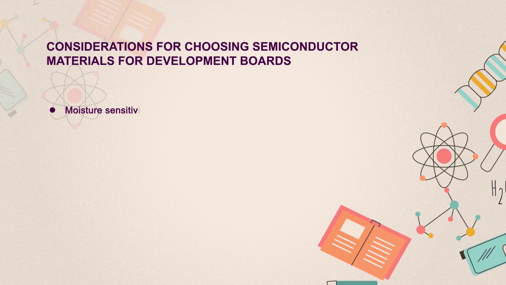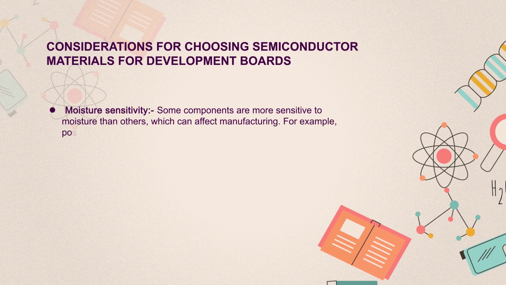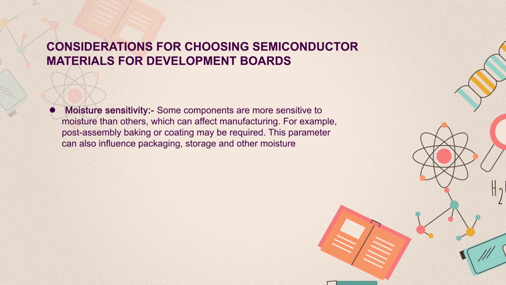Next consideration is about the moisture sensitivity. Some components are more sensitive to moisture than others, which can affect manufacturing. As we all know, moisture is a parameter which can affect the functioning of any semiconductor device or any electronic circuits.